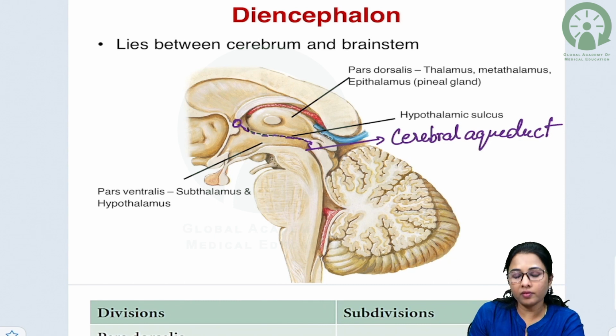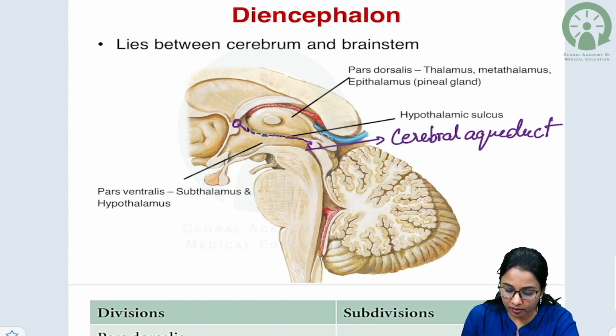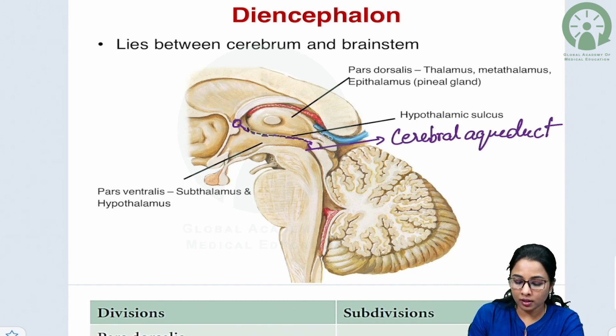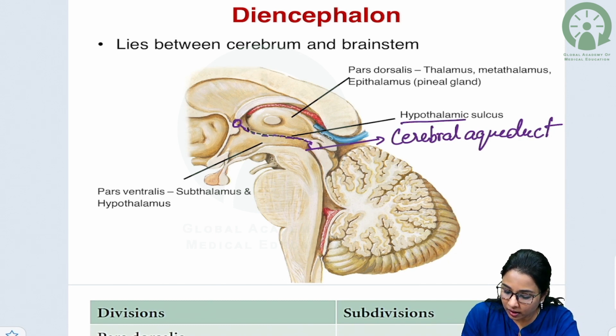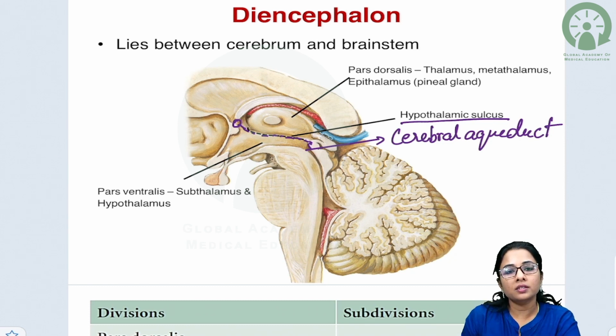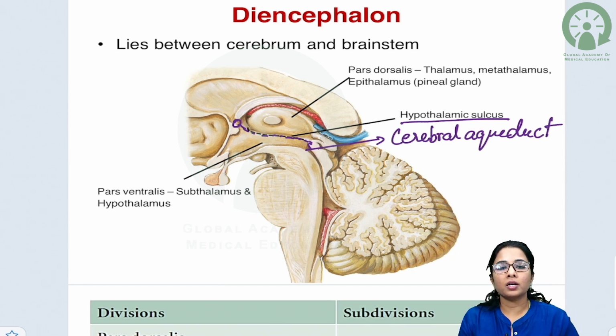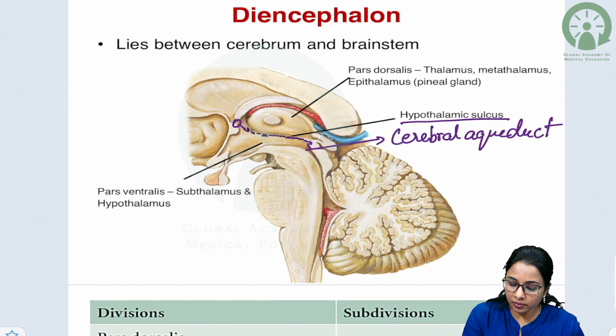The cerebral aqueduct is the cavity of the midbrain. From the interventricular foramen of Monro to the cerebral aqueduct, the imaginary line or faint sulcus is called the hypothalamic sulcus, which divides the diencephalon into two major parts, pars dorsalis and pars ventralis.